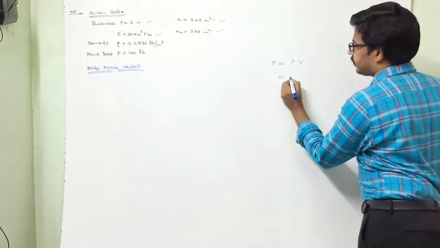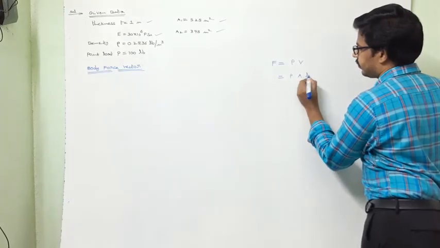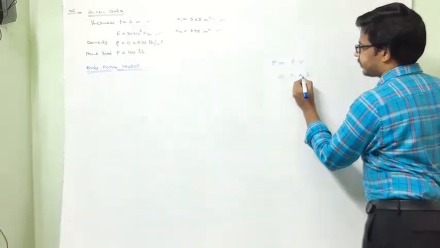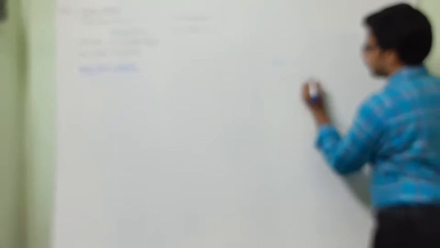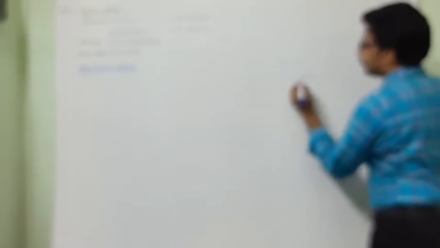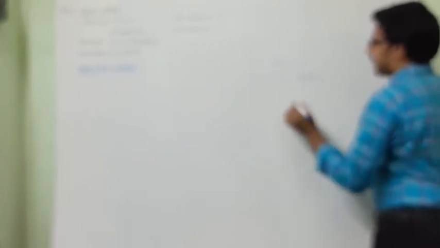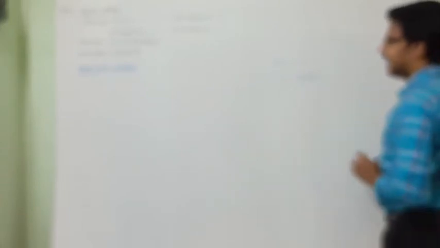Density into volume means area into length, that means elemental cross-section area into length of the element. So here F is equal to rho, density, into cross-sectional area into length of the element.